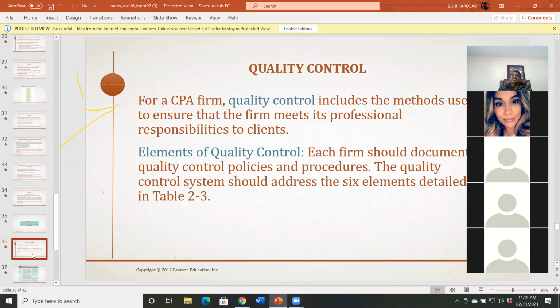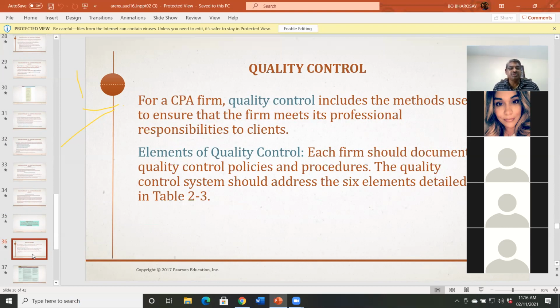Quality control standards are developed by CPA firms themselves. And they will vary among firms. The large firms will have different quality control standards than the small firms. If a firm is doing a lot of audits, they will have different quality control standards than a firm that's doing a lot of tax work. So quality control standards will vary among firms.